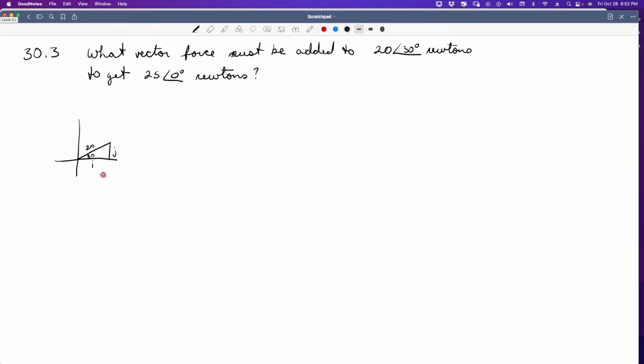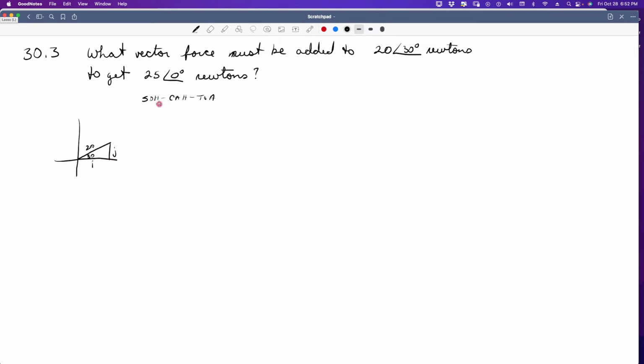All right. So we are going to do cosine of 30 times 20, and that is going to be the A, because it's CAH. Let me write that up here just to make sure. So CAH TOA. Yes, to find the adjacent, we are going to put the cosine.